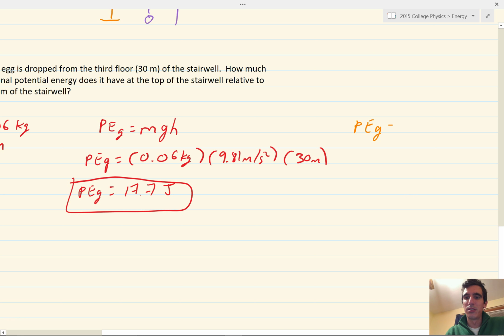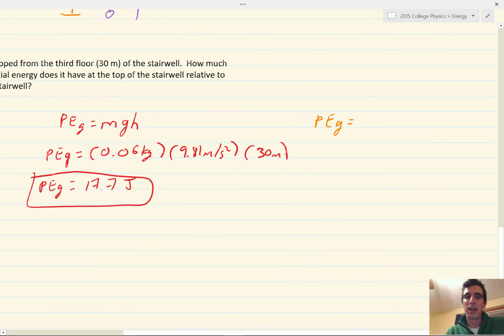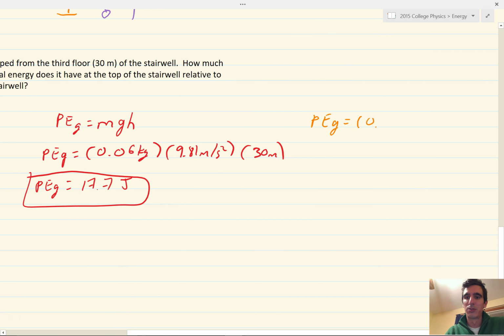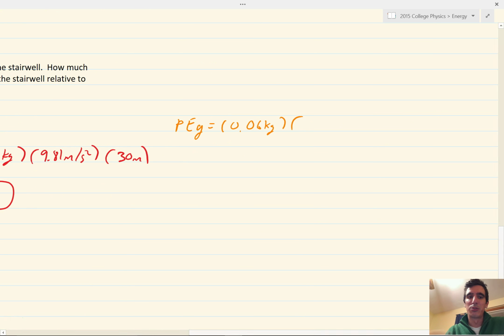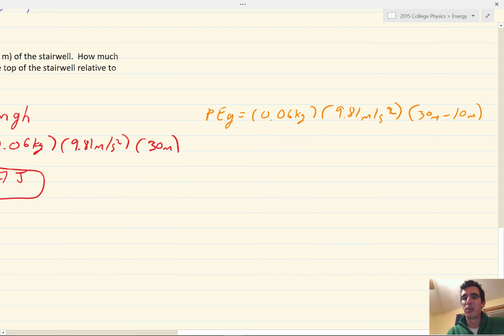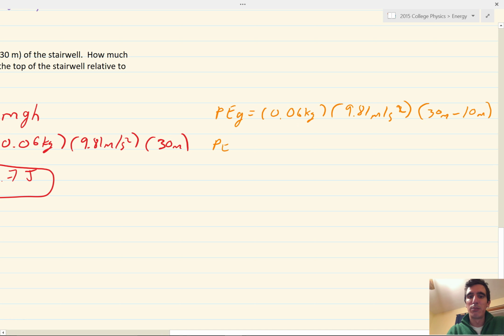So PEG is equal to still the mass, 0.06 kilograms, times 9.81 meters per second squared. And again, this time we're going from 30 meters, the third floor, to 10 meters, the second floor. So the change in height would be 20 meters. And we plug that in our calculators, and this time we get a little bit less, 11.8 joules.